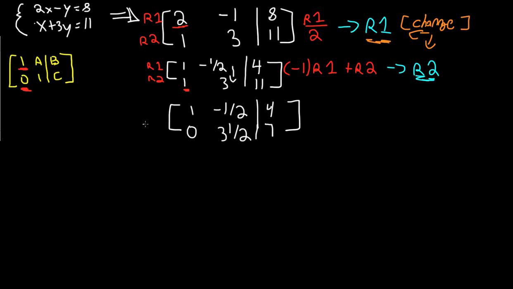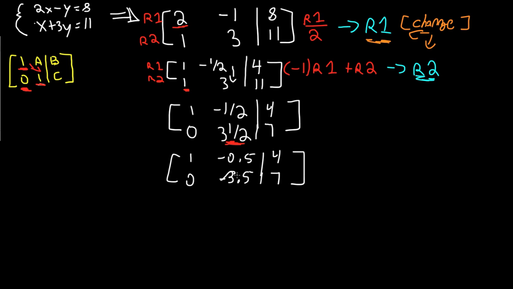Okay. So what else can we do here? You see over here, this is diagonal. We got to make this 3.5 into a 1. I'm going to make things a little easier right here. I don't like working with mixed fractions, so I'm going to go ahead and rewrite this: 1, -0.5, 4, and 0, 3.5, 7.